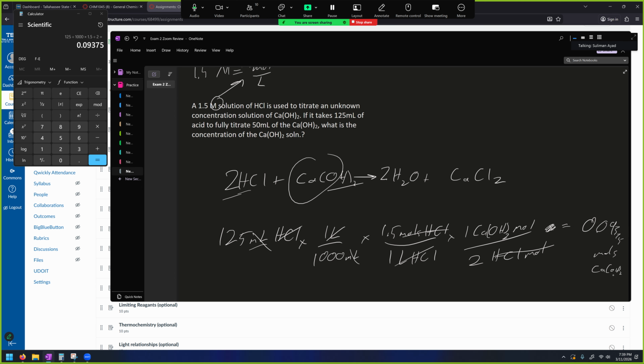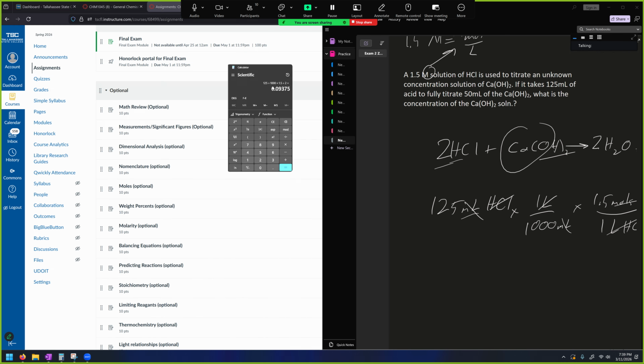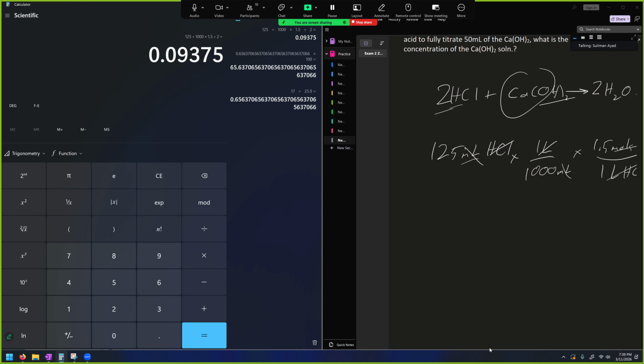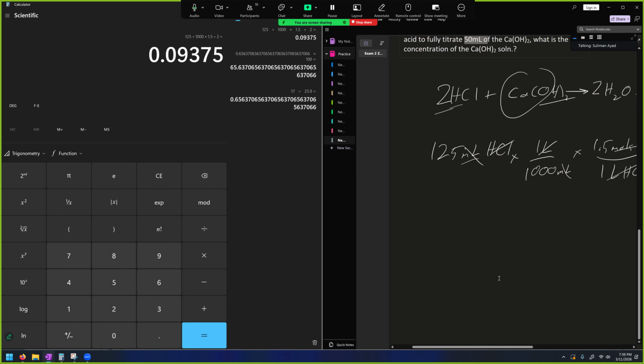Now we're going to take that value and divide by the volume of my calcium hydroxide solution. To use that volume correctly, we're going to have to convert this into liters.